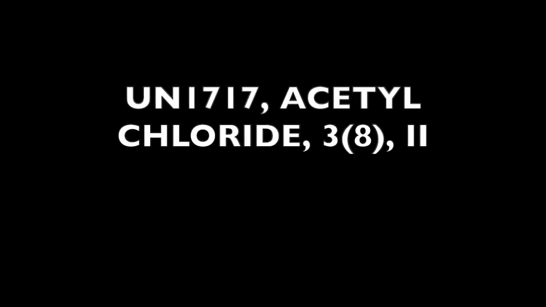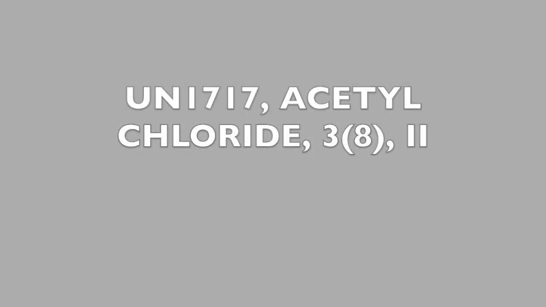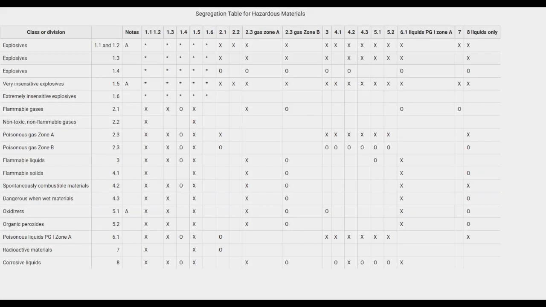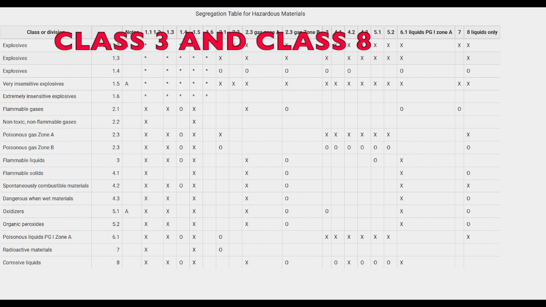Okay, before we move on to the explosives table, let's just look at one more thing. Let's look at that UN 1717 again. This is one where we have the Hazmat class of class 3, but we see there is a subsidiary hazard, class 8, which is corrosive. So if we were trying to decide if we could load this using the segregation table, we'd have to look at both elements of class 3 and the elements of class 8 corrosive and match it up with whatever we were loading it with.